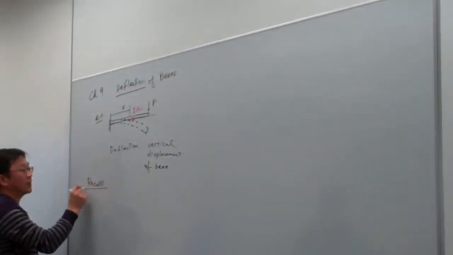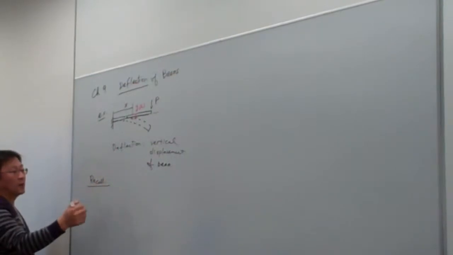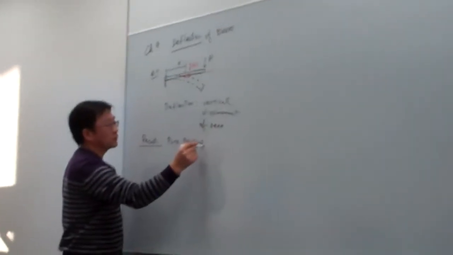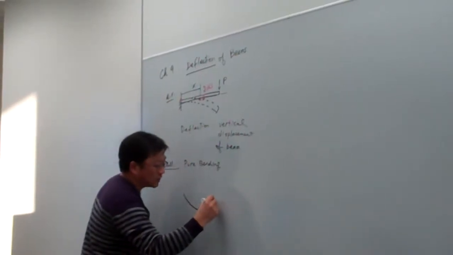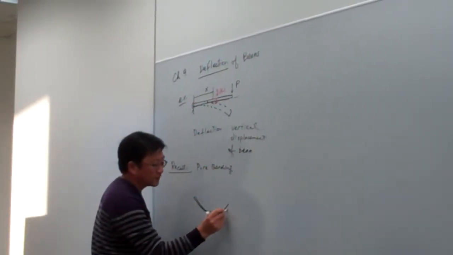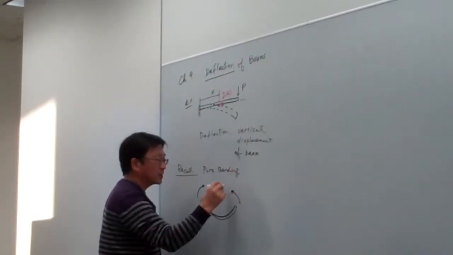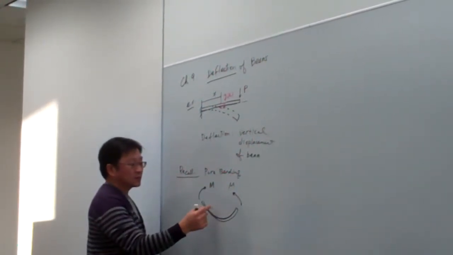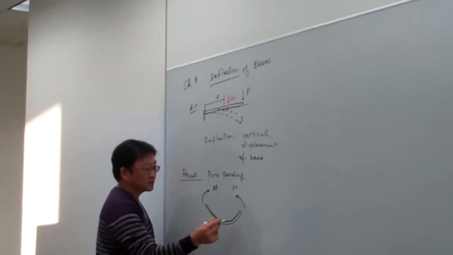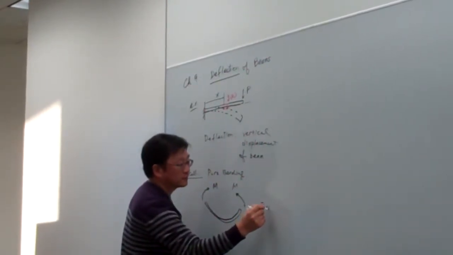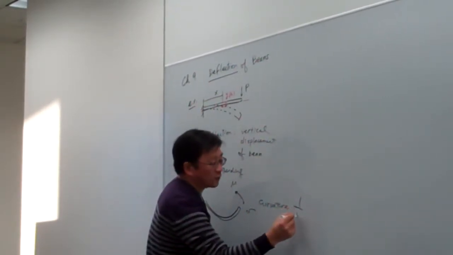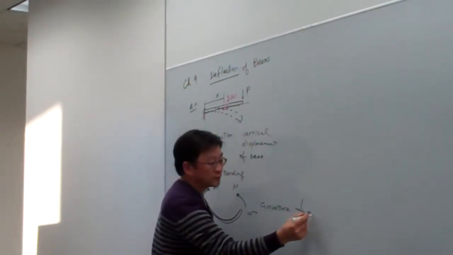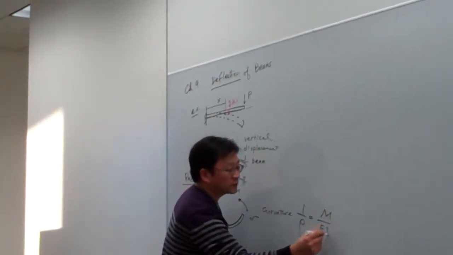If you remember what we have learned in pure bending, because in this chapter we're going to start with the basic formulation from pure bending. Here is our beam under pure bending, and this is the curvature of the beam. We denote it as 1 over rho, where rho is the radius of curvature, and the equation is 1 over rho equals M over EI.